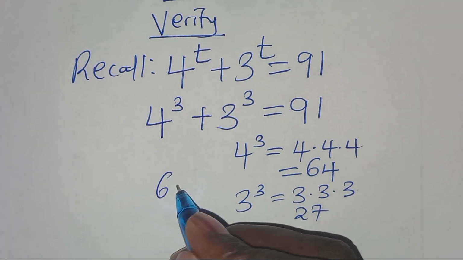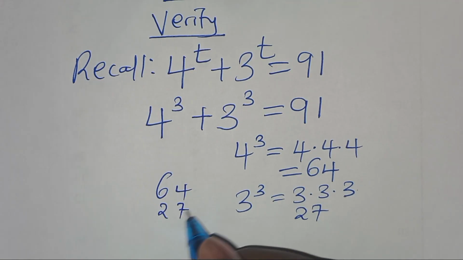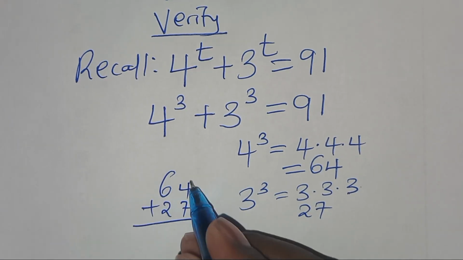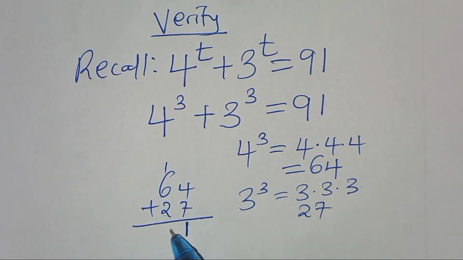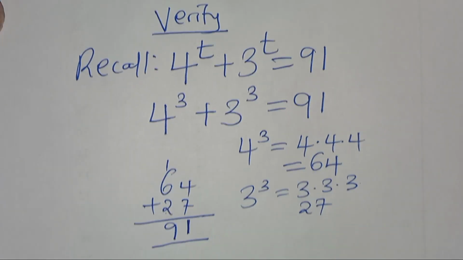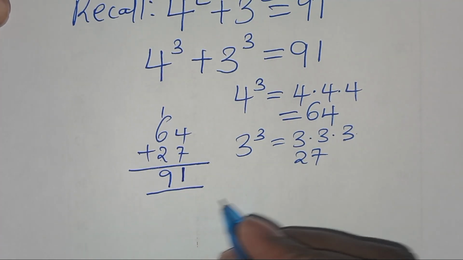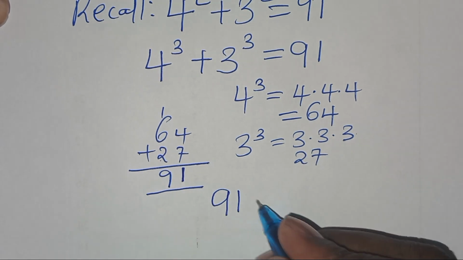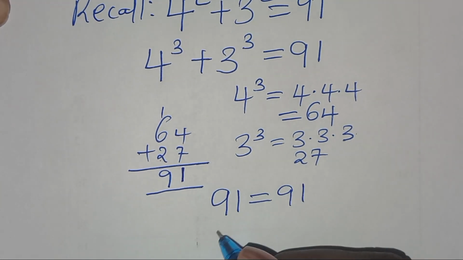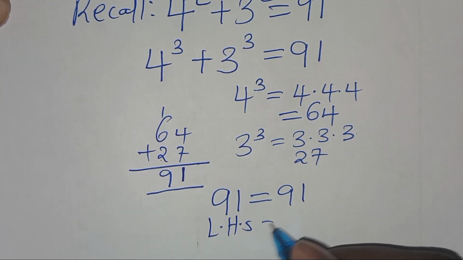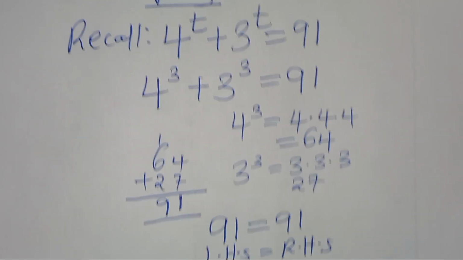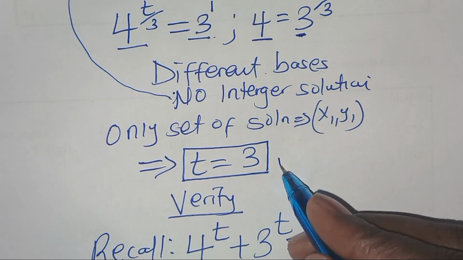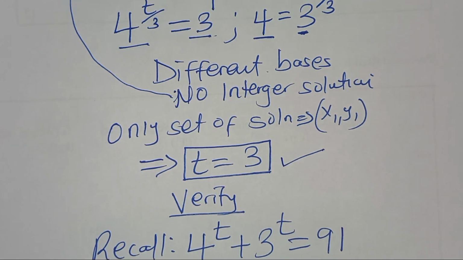So we have 64 plus 27. 7 plus 4 is 11, 1 carry 1. 6 plus 2 is 8, plus 1 is 9. So it's clear that the left hand side is equal to the right hand side. Okay? And this implies that the value of t, which is equal to 3, satisfies the equation.